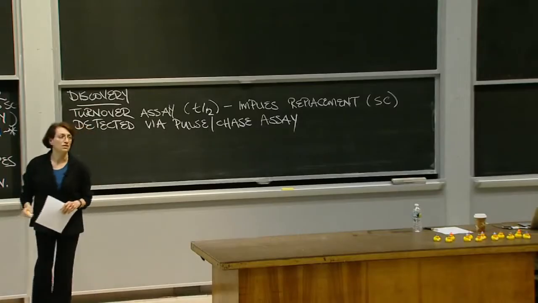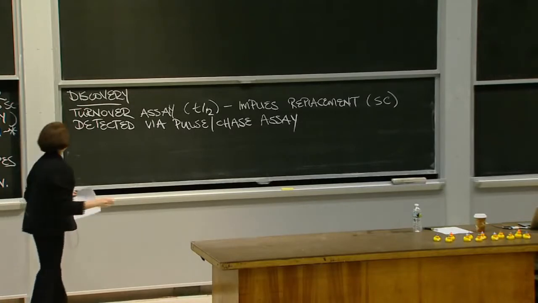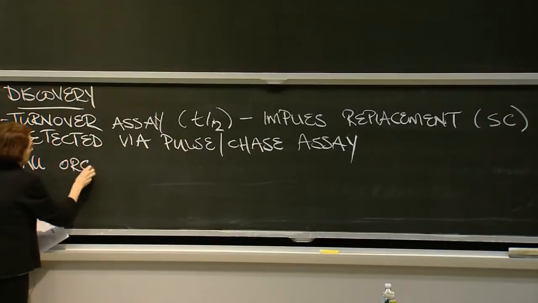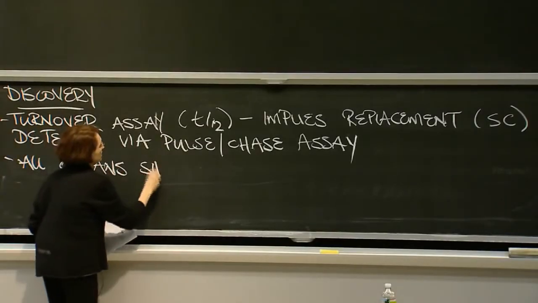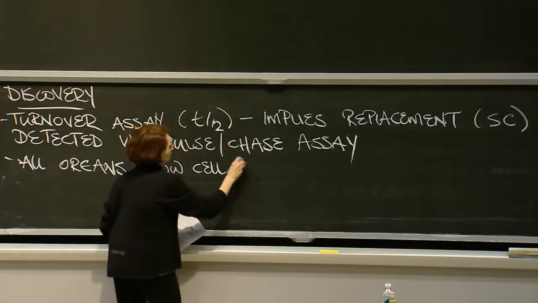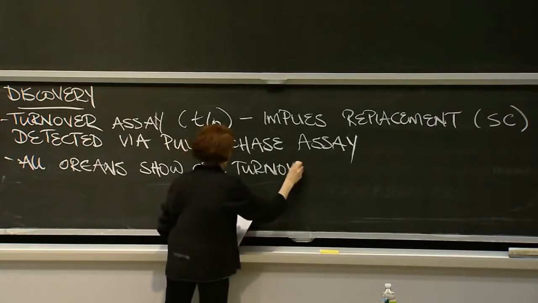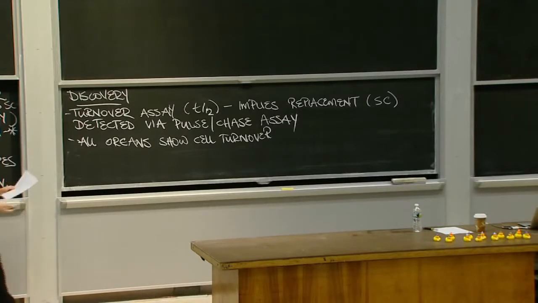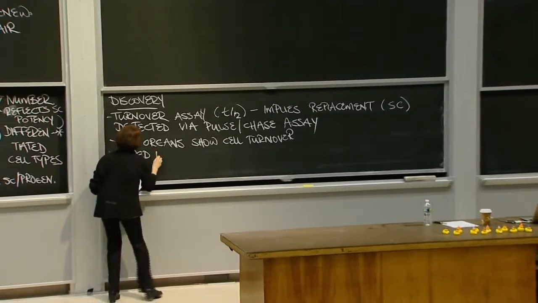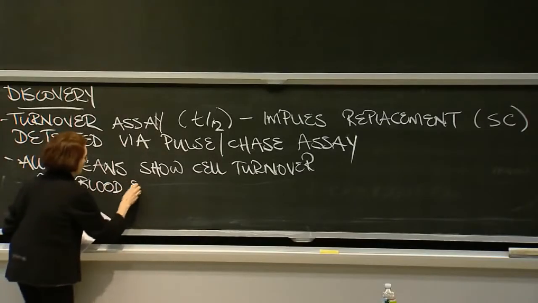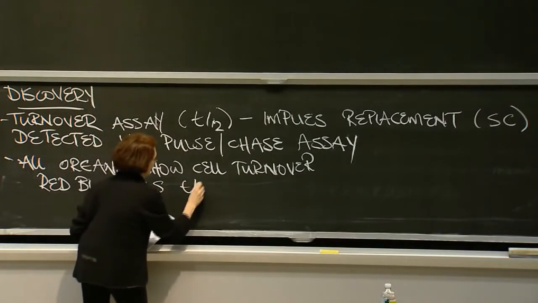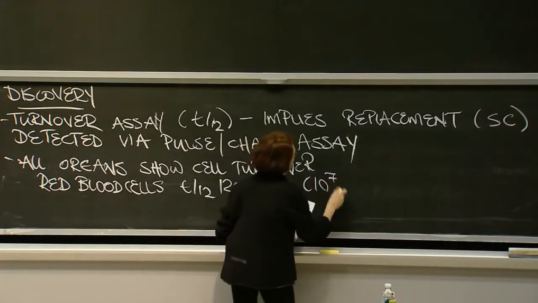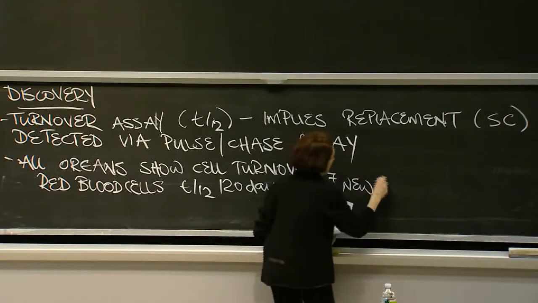And what was found was really variable for different organs. Firstly, all organs show cell turnover. Red blood cells have a half-life of about 120 days. There are a lot of red blood cells in your body, and in fact, that implies that there are about 10 to the 7th new red blood cells made a day.